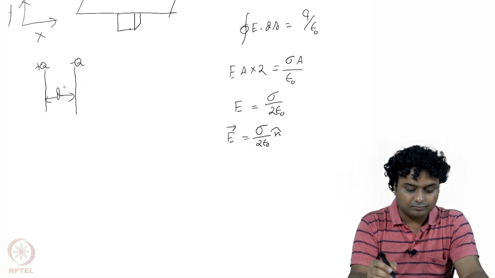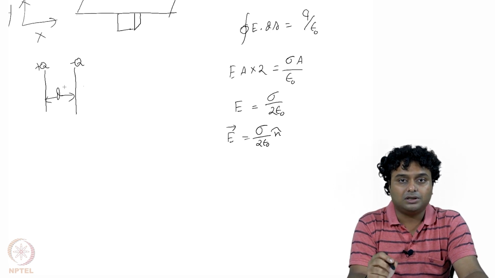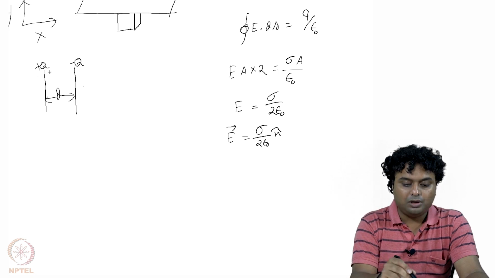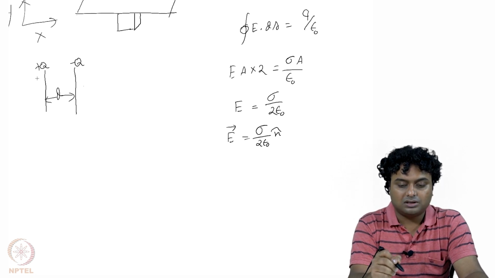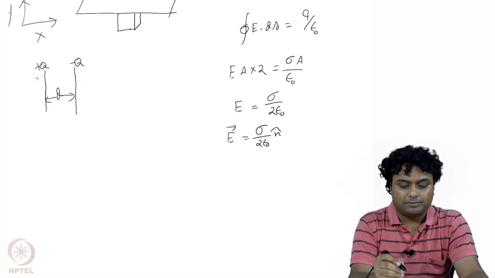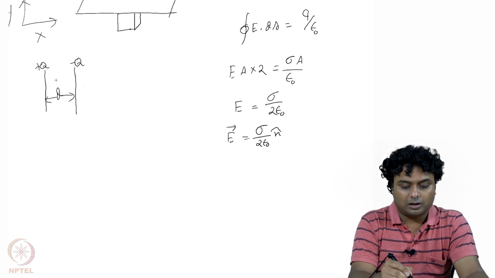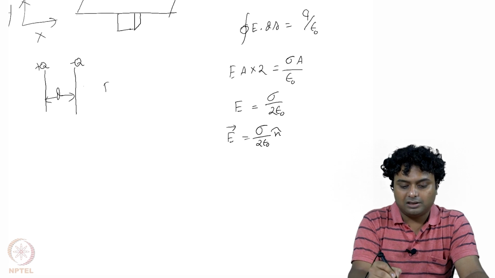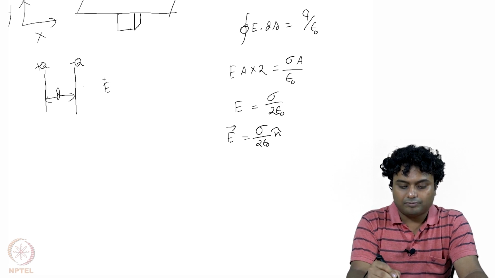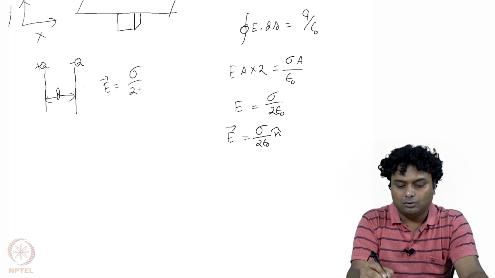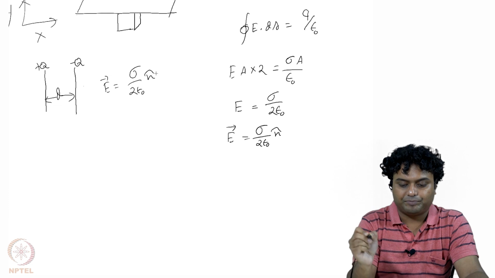Now what I need to do is calculate the capacitance of this arrangement. As we just discussed, for an infinitely large plate we calculated that the electric field at any distance is E equals sigma by 2 epsilon naught n cap, right.